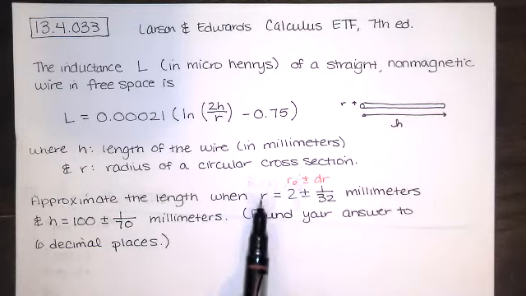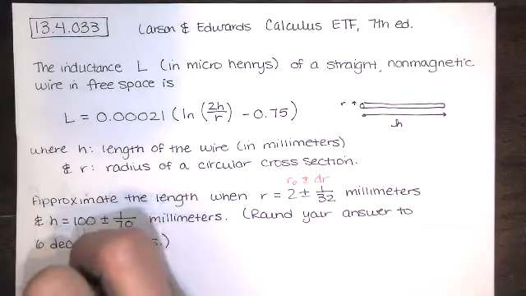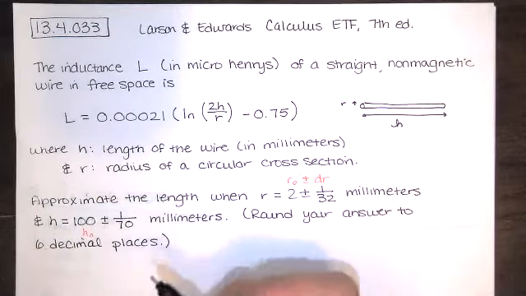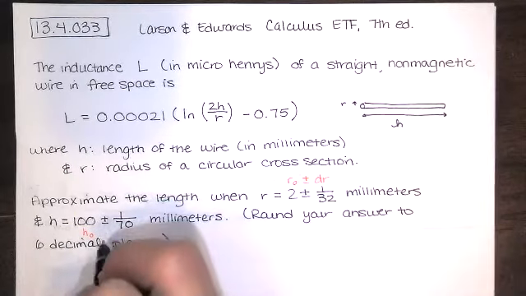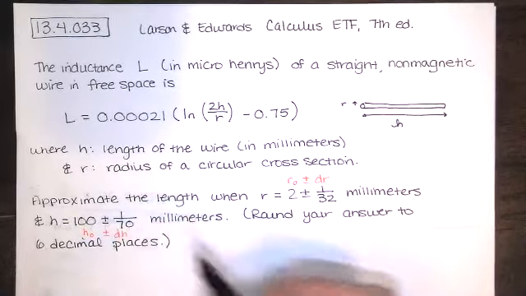So approximate the length when r is equal to this and h is equal to this. In the same way, we can think of this as the measured value of h, and we might be off by plus or minus 1 over 70 millimeters. So we can think of that as dh.